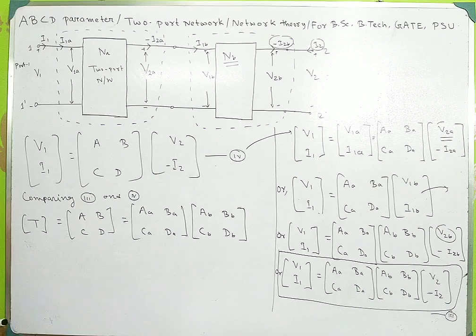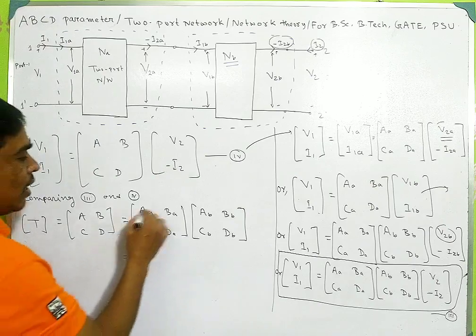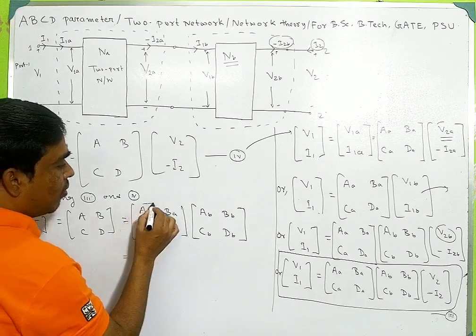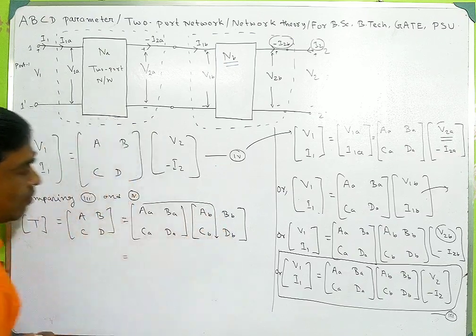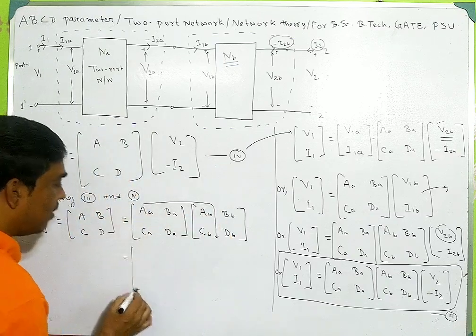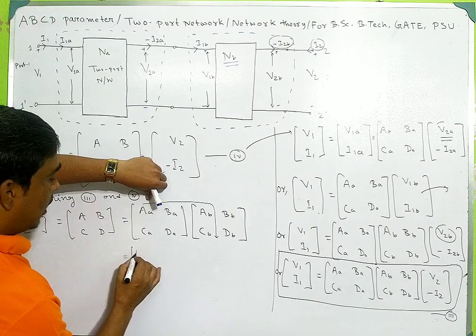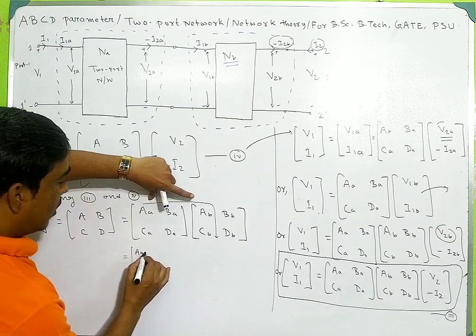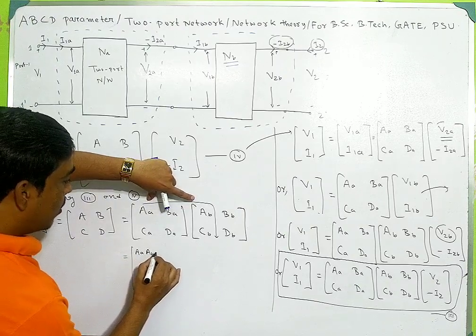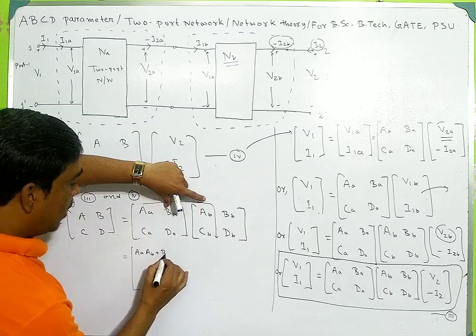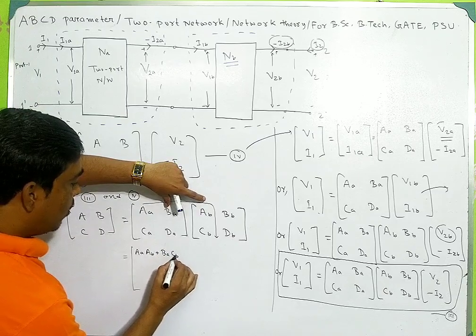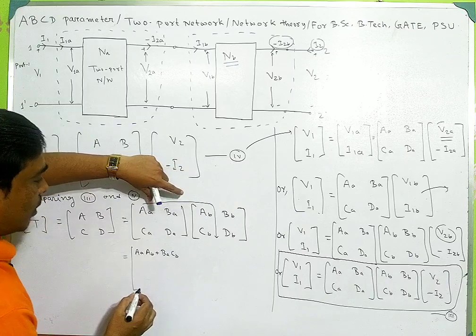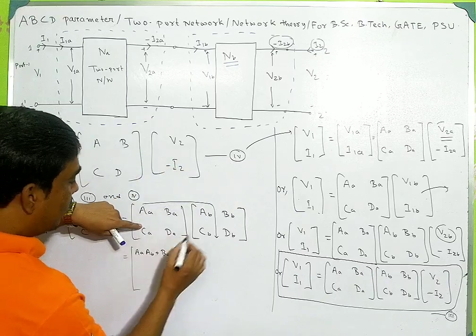Now you can write this in the multiplication formula. So in this way you can write this is AA into AB plus BA into CB. This is 1 and this is also 1.